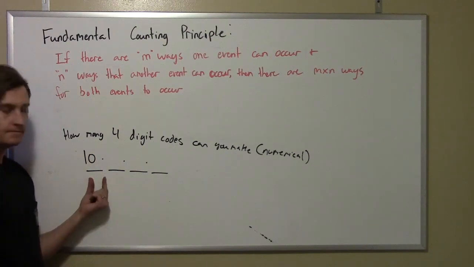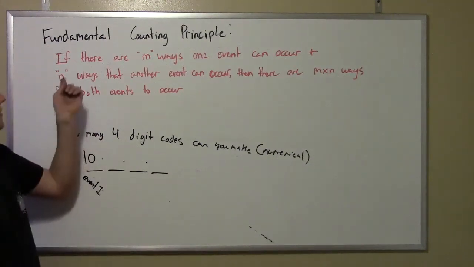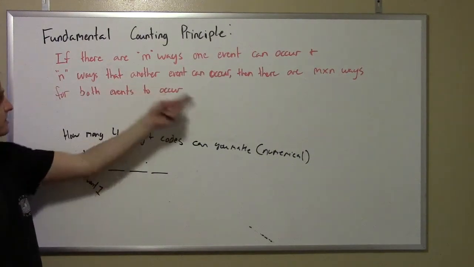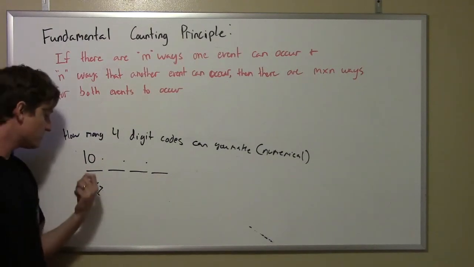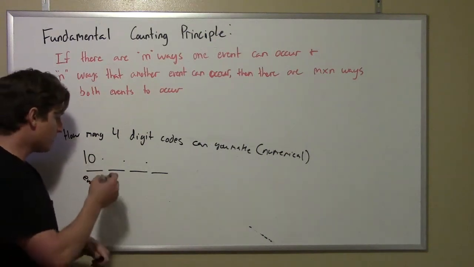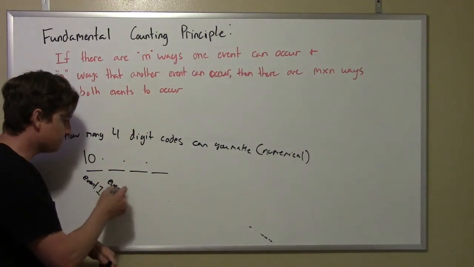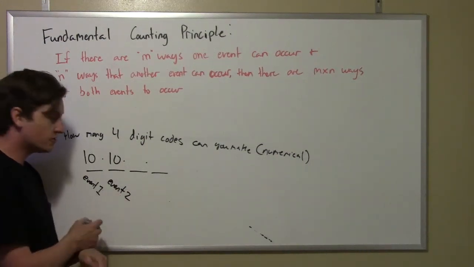So that's event 1. Okay, this says if there are m ways an event can occur and n ways another event can occur, then there's m times n ways for both of them to occur. So how many ways are there for me to choose a digit? There's 10. How many ways are there to choose a second digit? There's also 10.